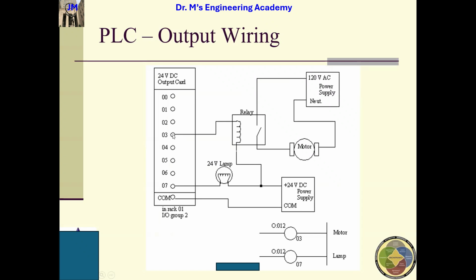This is 03 and this is 07. Here the relay is connected to this 3, and then we connect to this motor. This is very similar to the circuit we use to drive our fan. Our fan is driven by 120 VAC. You guys still remember that?